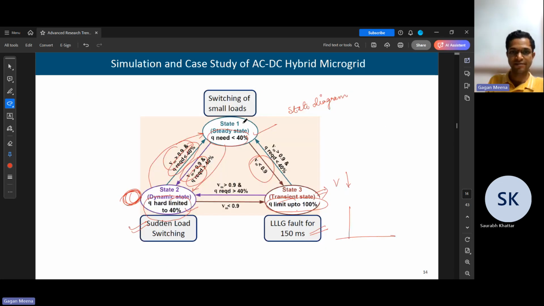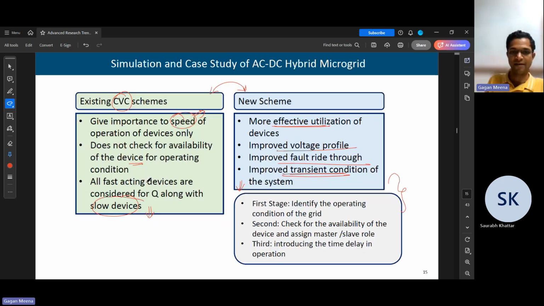So these arrows can help us determine the operating condition of the grid. Once this is determined, whether it is steady state or dynamic or transient, we distinguish the devices.